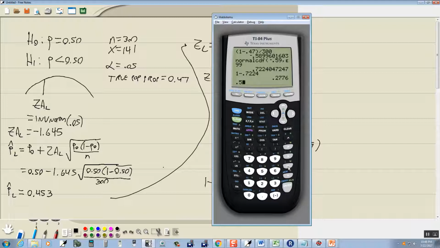So 0.5 minus 1.645 square root of 0.5 times 1 minus 0.5, divided by 300.